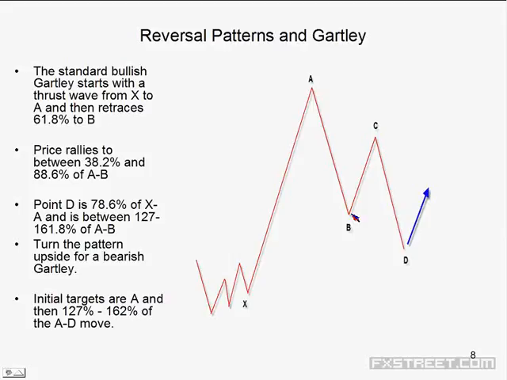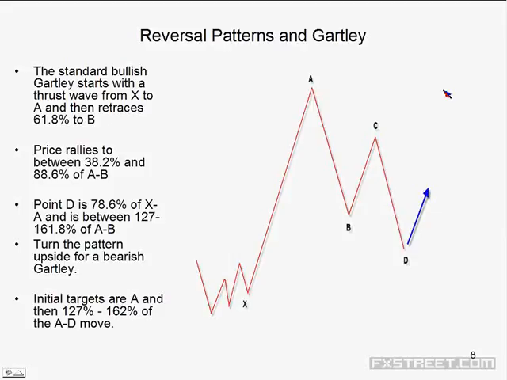So here we are. This is a bullish Gartley. Where are the targets? Well, the first target is a move all the way back up to A. That's going to be the first target in that region, and typically that's exactly where price is going to pause, in the region of a previous high.